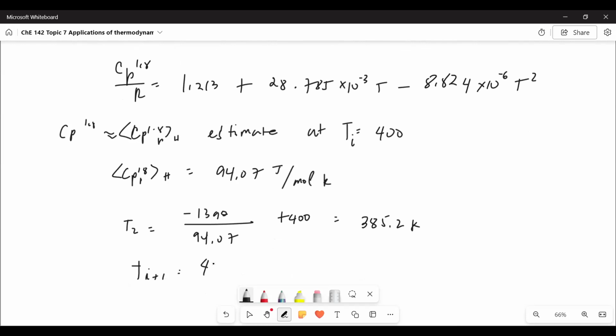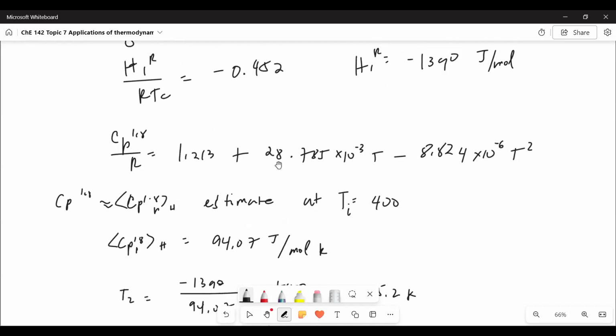The next estimate is the average of the two temperatures, 392.6, and this is what you will substitute into this equation.